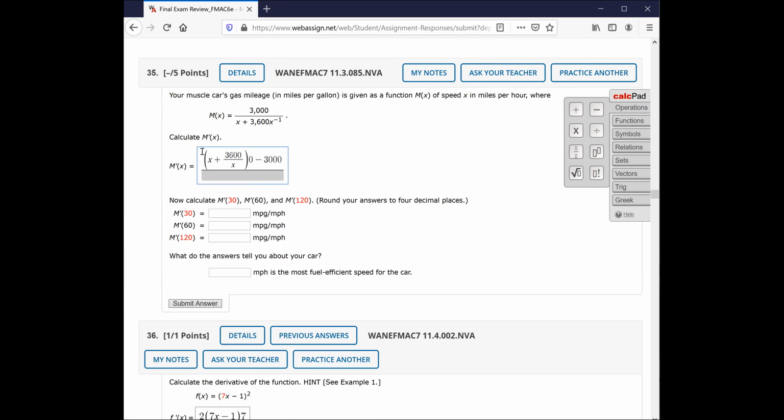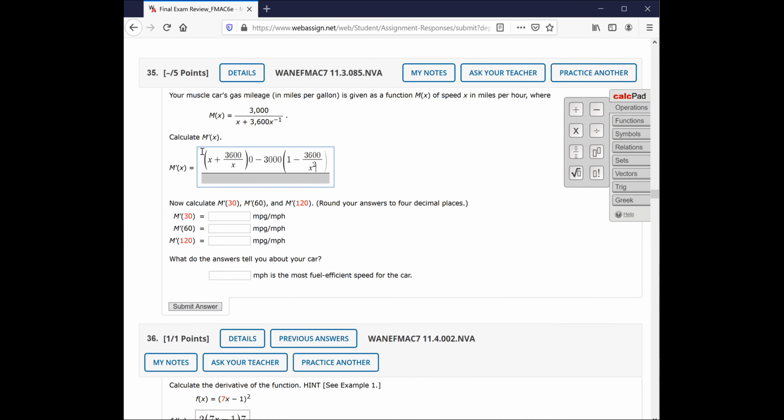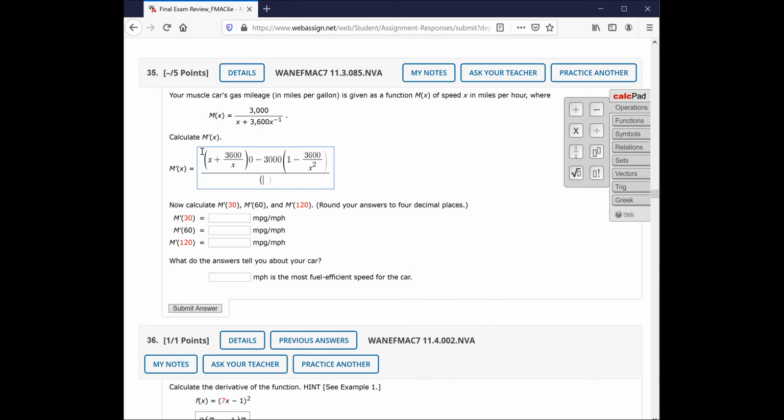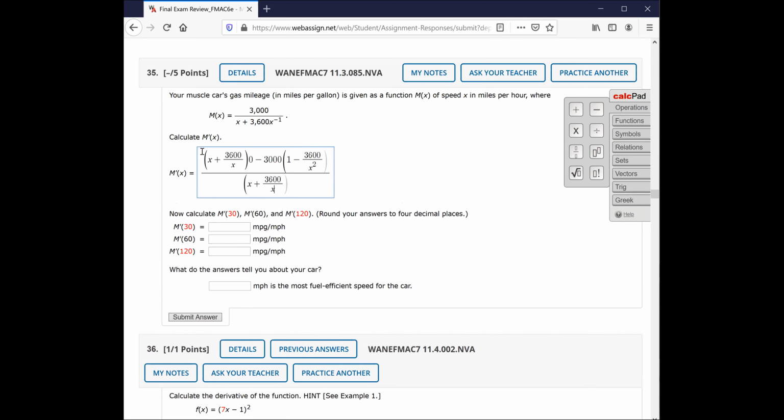Which is 1 minus 3600 over x squared, all over the bottom squared. So it's real messy because that's actually not the right way to do it, but I was just trying to emphasize the quotient rule again. Hopefully it'll take that. It doesn't say to simplify.